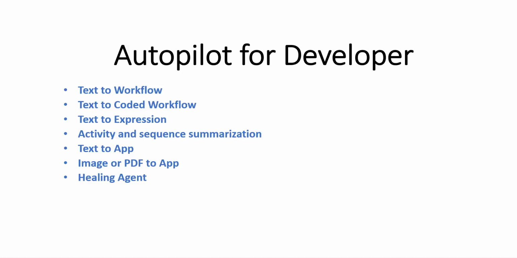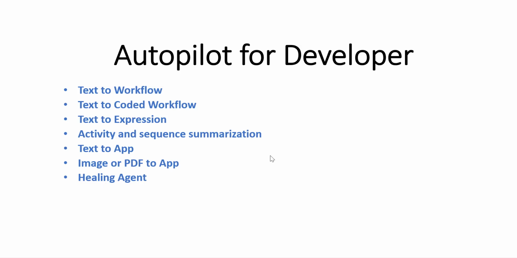My name is Aslam. Today we will explore another feature of this autopilot and we'll look at what benefits they will give to the developer, right? So as of now, I found some features like text to workflow, text to coded workflow, text to expression, activity and sequence summarization, text to apps, image or PDF to apps creation, and then healing agent.